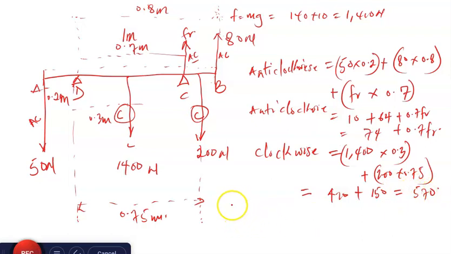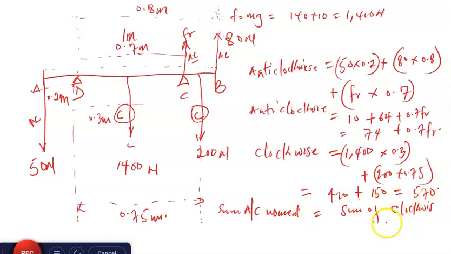Now remember that for the system to be stable, the sum of anticlockwise moments must equal the sum of my clockwise moments.